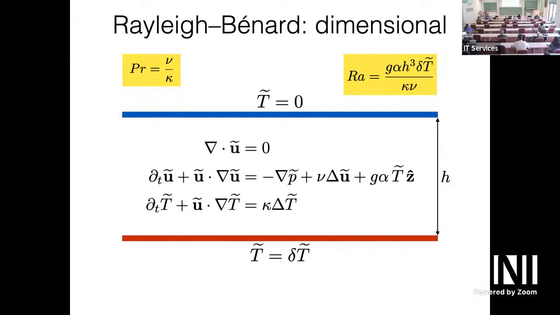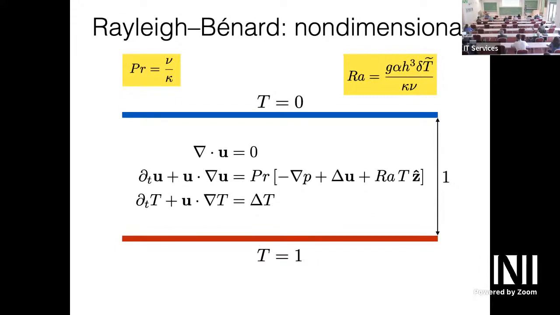So if you have a laboratory experiment, you can just turn up that temperature difference. But as I've learned from talking to a lot of analysts here, maybe you'd prefer to think in terms of kappa and nu. Notice that the Prandtl number is a ratio of these diffusivities, and the Rayleigh number is inversely proportional to both of them. If you non-dimensionalize with the thermal diffusion time scale, you see the Rayleigh number just appears proportional to the thermal forcing term.